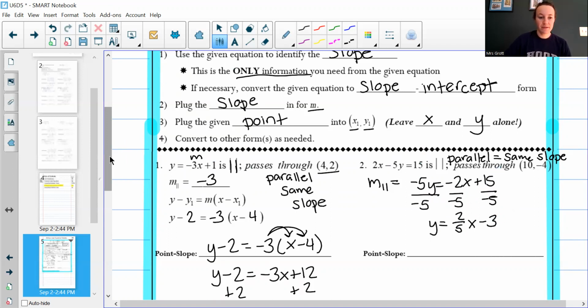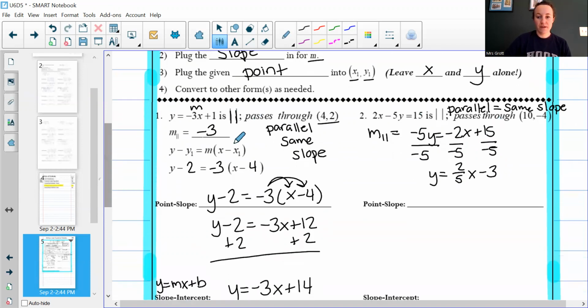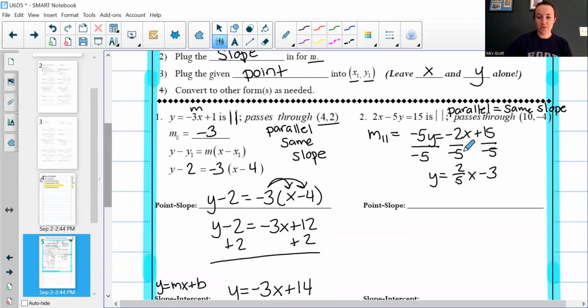And so once again, I'm going to go ahead and rewrite it. So our parallel slope, we want to have the same slope we said. So our parallel slope is going to be 2 over 5. Here's x1, here's y1.